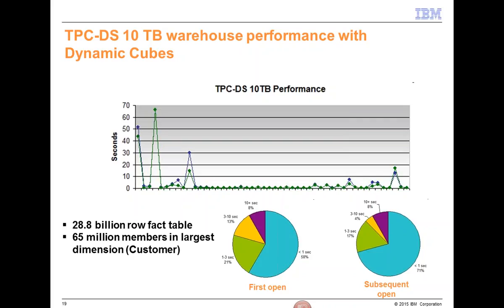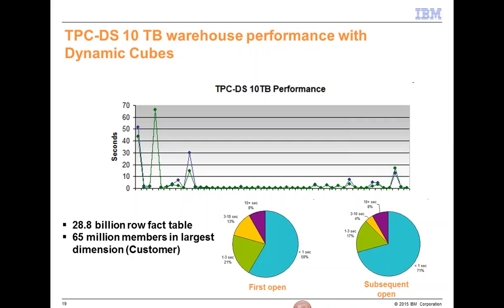In the pie charts, you have the first open and the subsequent open. The pie slices, the turquoise or blue one and the green one, the less than 1 second and the 1 to 3 second, have tremendously increased, or reduced, I should say, in the first and subsequent open.